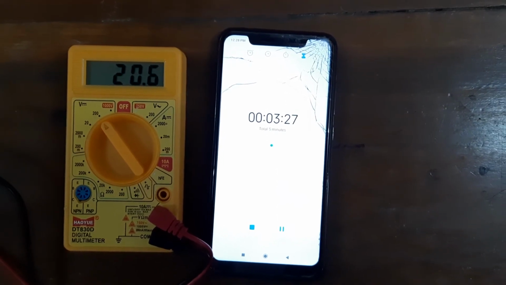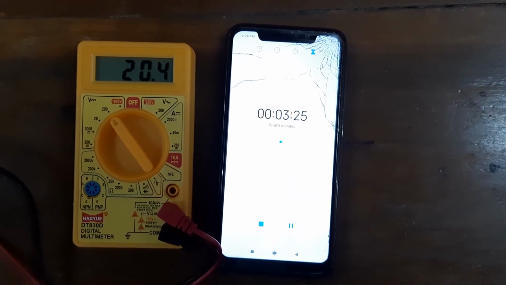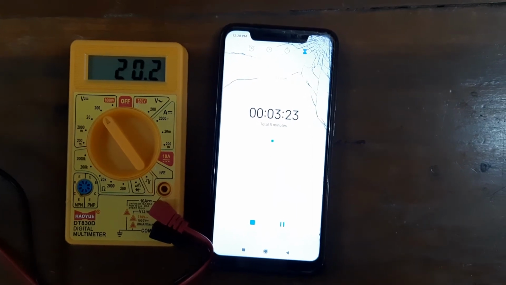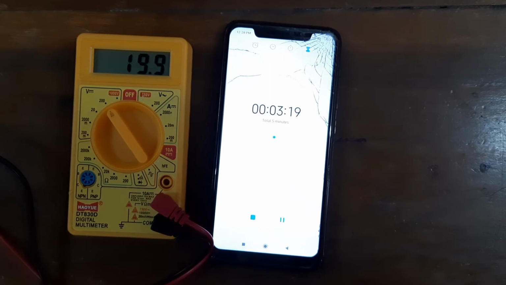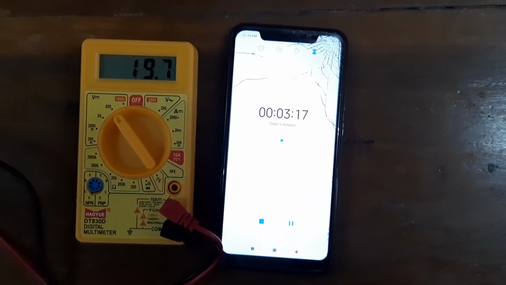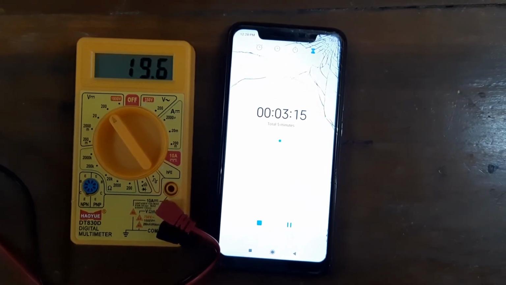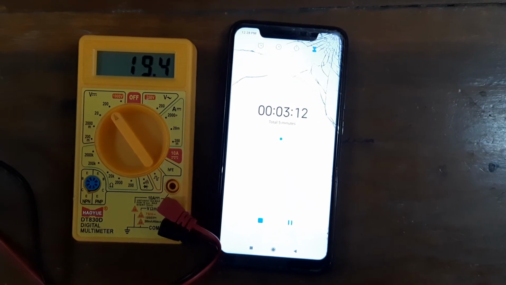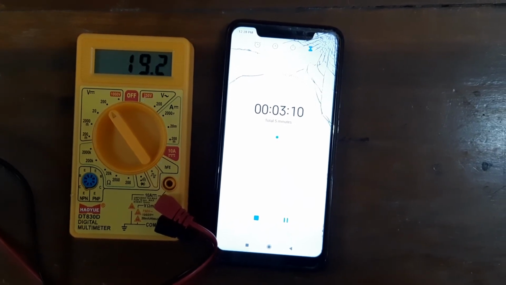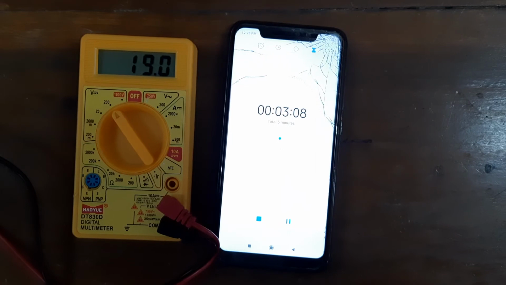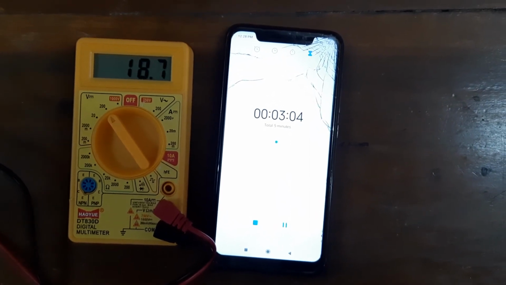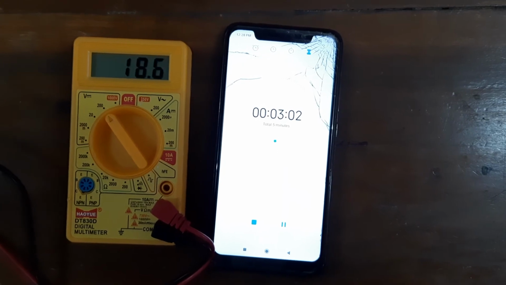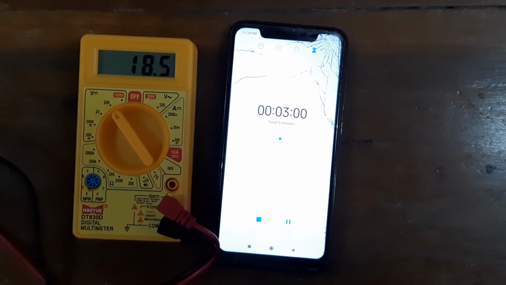Let us see at 3 minutes how much is the voltage. At 3 minutes, the voltage across the capacitor is 18.5 volts.